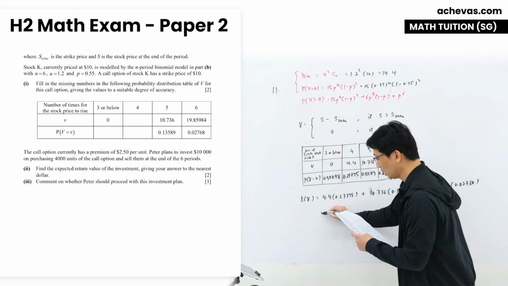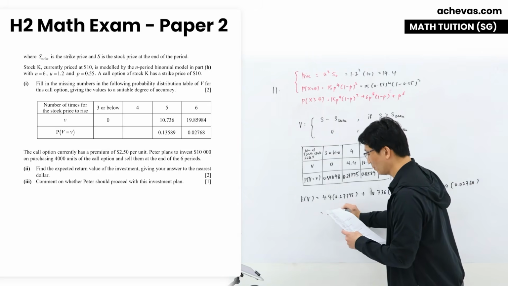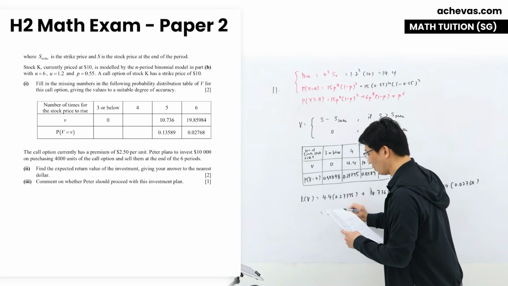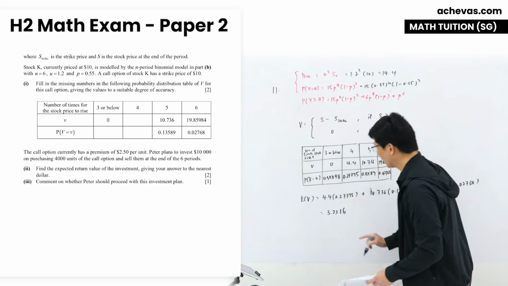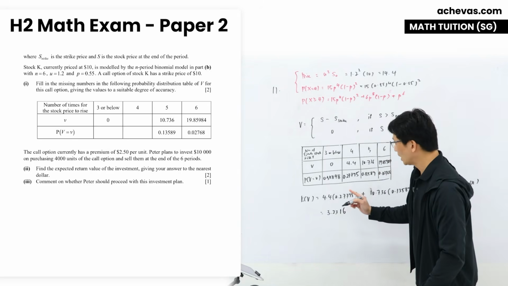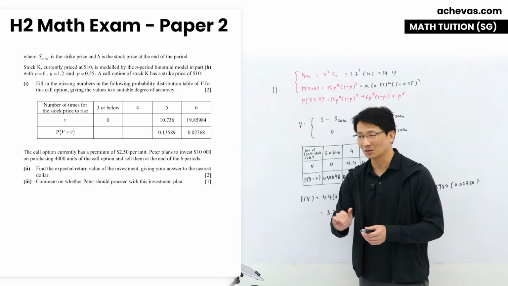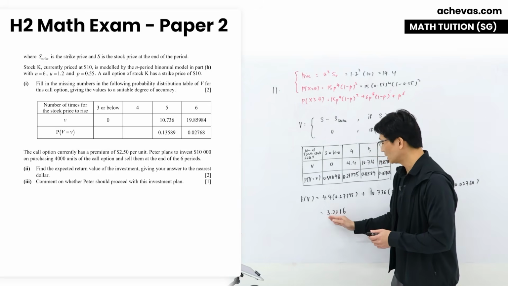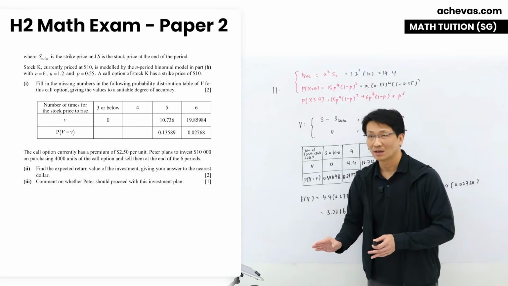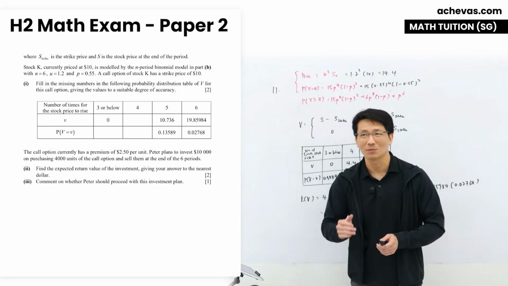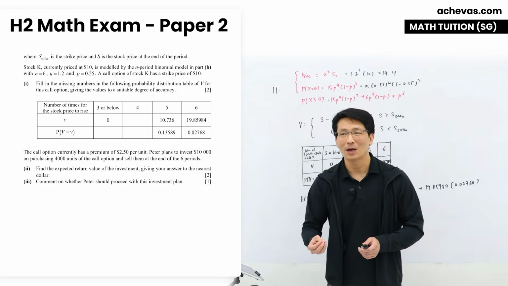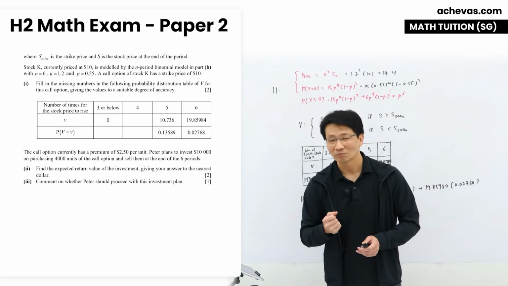And pressing this whole thing into the calculator is equal to 3.2316. All right, so in this case we are looking at just 1 unit. That means for this 1 unit after the 6th period, you will return $3.2316, which is actually quite good because it's more than the premium I paid. The premium I paid is only $2.50.